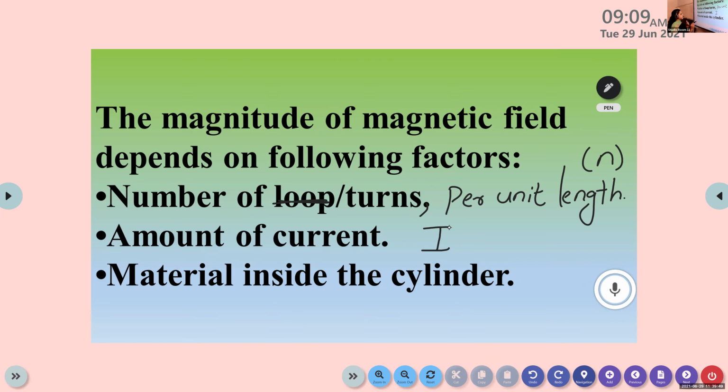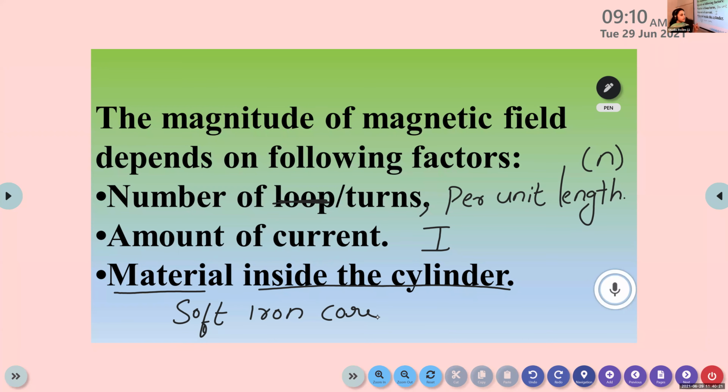And the last one is the material inside the cylinder. In the case of a solenoid, sometimes we place a soft iron core in order to increase the strength of the magnetic field. So, the material kept inside the cylinder.